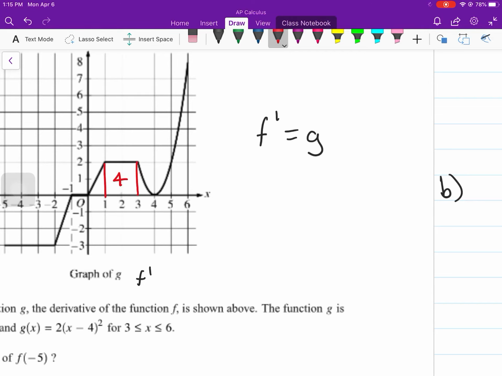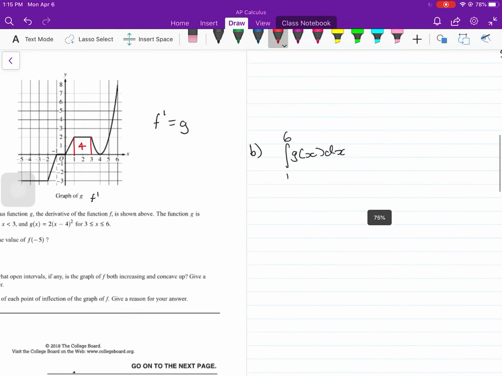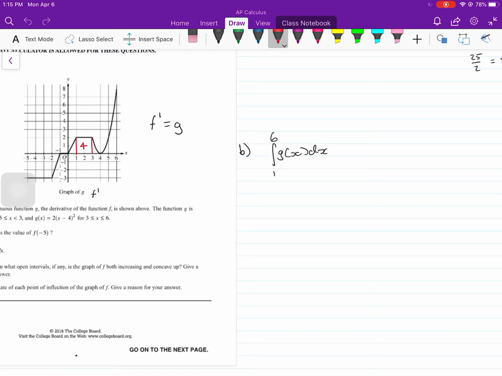And then how are we going to do 3 to 6? So basically what I'm going to do is split this up, and we're going to integrate this from 1 to 3, and then I'm going to split this off to 3 to 6.